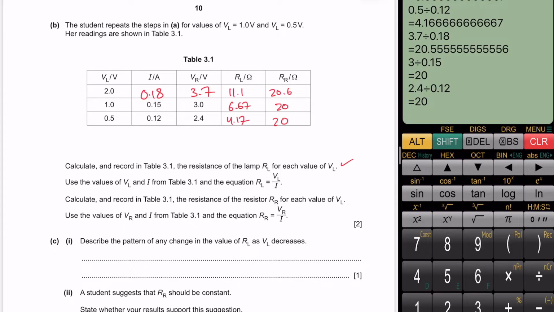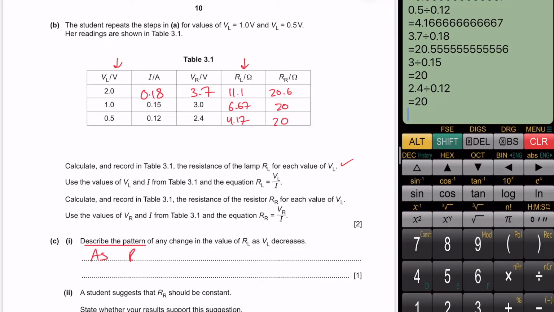Describe the pattern of any change in the values of RL as VL decreases. So I can clearly see in this column RL decreases as VL decreases. So we have to just describe the pattern, we don't have to explain why.